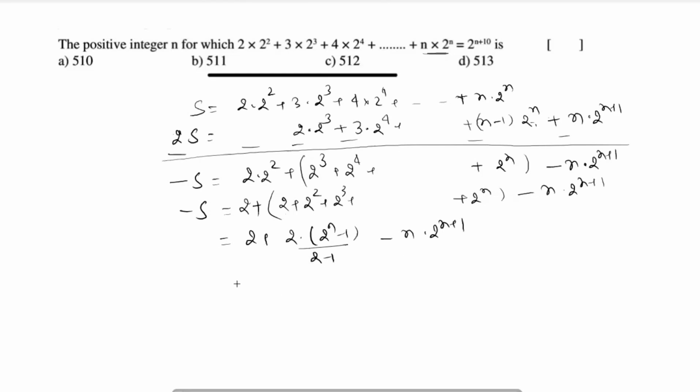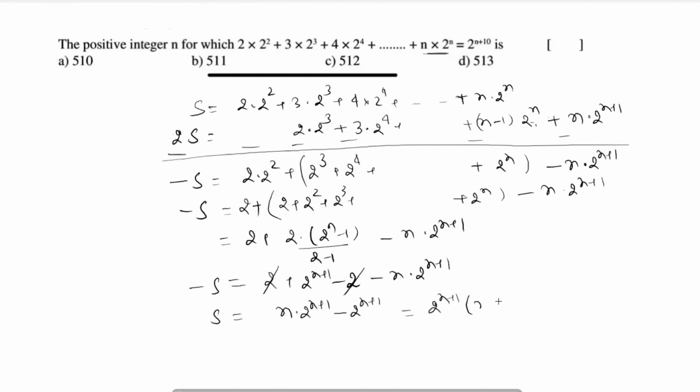Now the next step: 2 minus 1 will be 1, so this will be 2 plus 2 to the power n plus 1 minus 2, minus n into 2 to the power n plus 1. Now the 2 gets cancelled out, and this is still minus s. So my s is actually n into 2 to the power n plus 1 minus 2 to the power n plus 1, or I can write it as 2 to the power n plus 1 times (n minus 1). This is what it is, right?